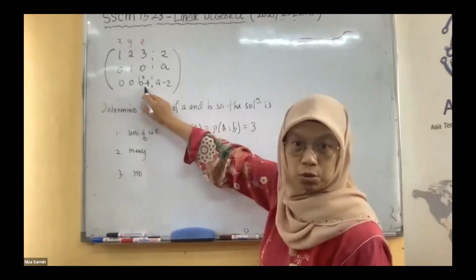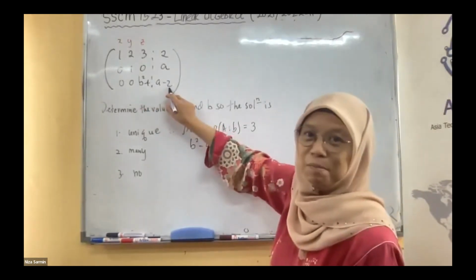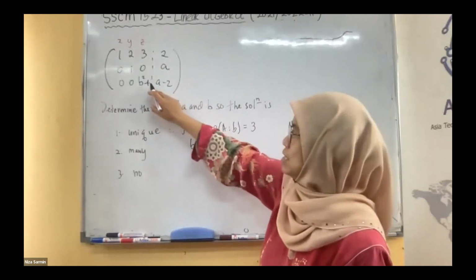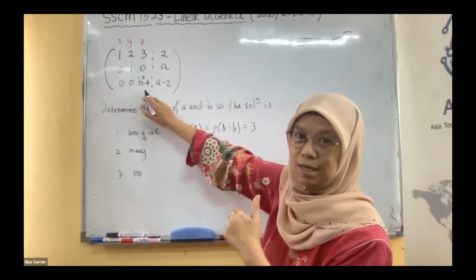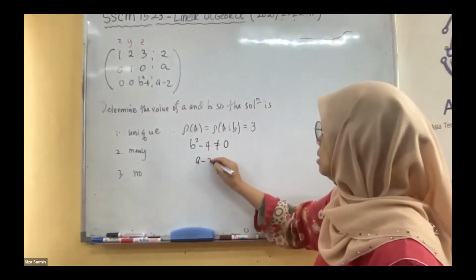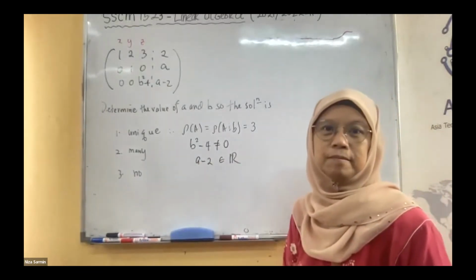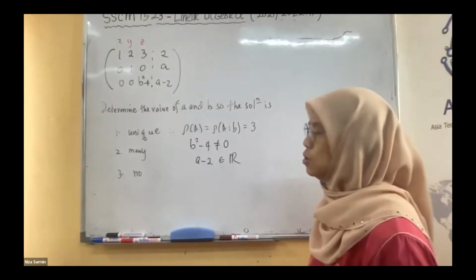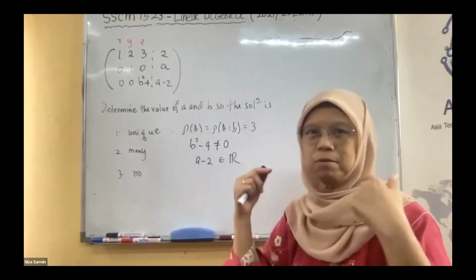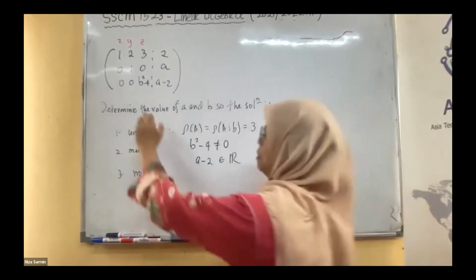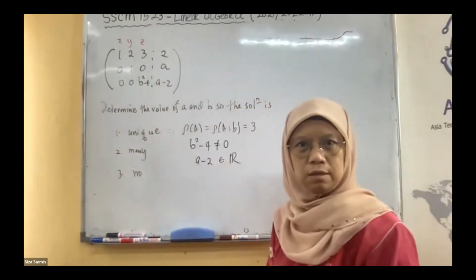Once this is not 0, it doesn't matter if this is 0 or not, because the rank of the augmented matrix is also 3. So A minus 2 can be any number. It's a little bit abstract, but you have to think and put in some numbers in your mind. Maybe this is 10, 12, 20, whatever.